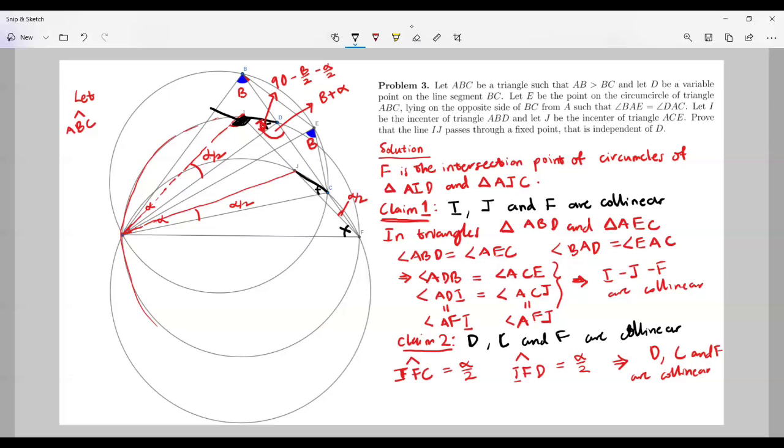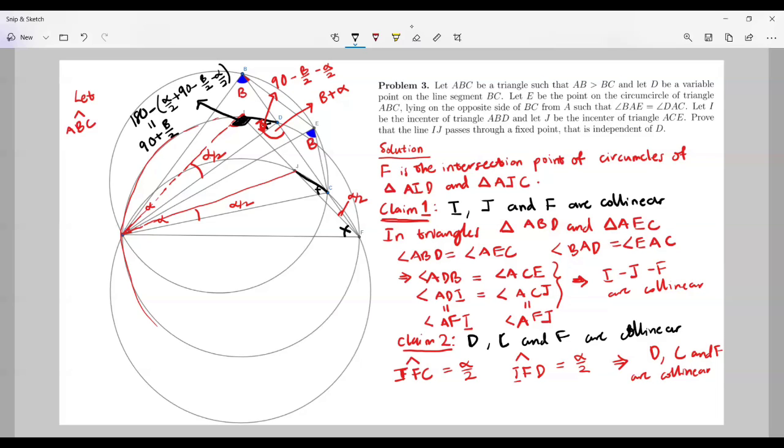So this black angle I just shaded is going to be 180 minus alpha over 2 plus 90 minus B over 2 minus alpha over 2. So if you do the math, that's equal to 90 plus B over 2. Okay, so we have that this angle is 90 plus B over 2.